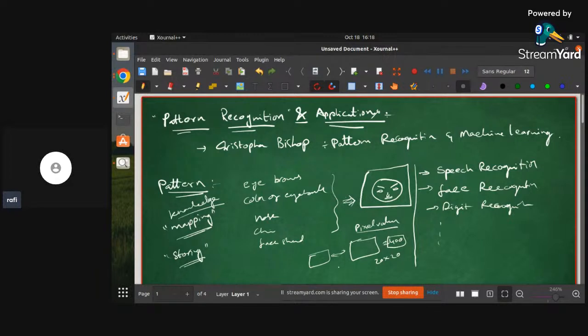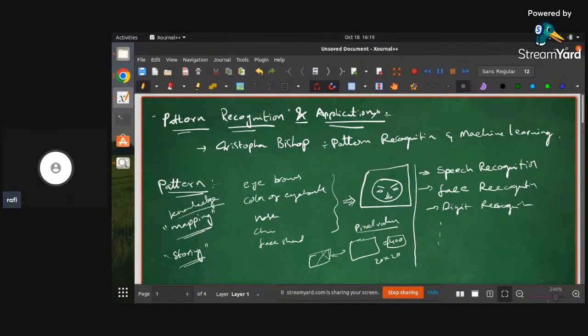But if there is a slight difference, like you have removed some portion or added something extra to the image, and then ask your smartphone whether it knows this image, the smartphone is just storing the data. So it says I don't have this data in my database; this is something new, I don't know this person.